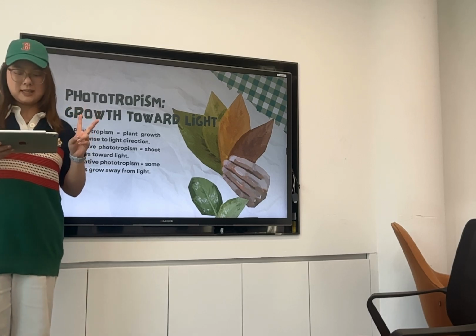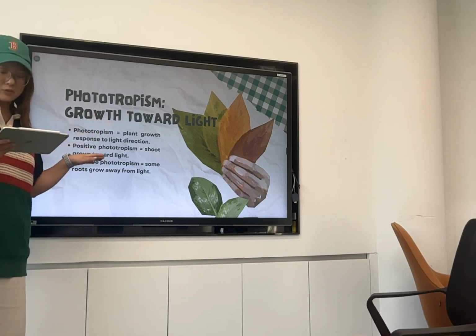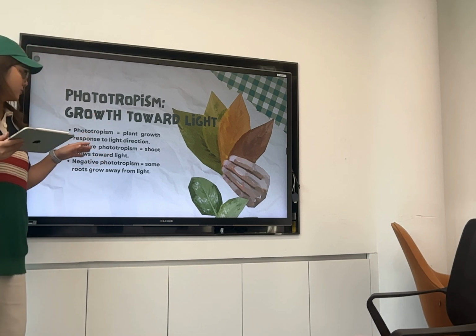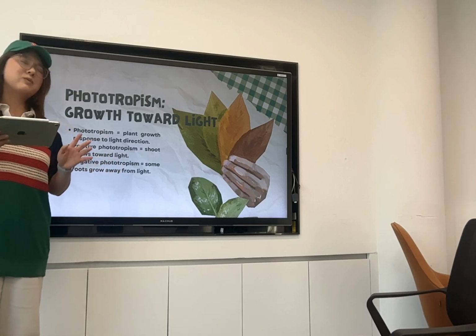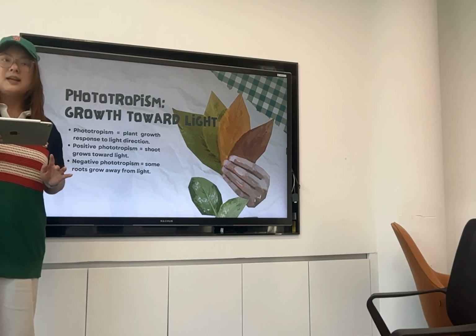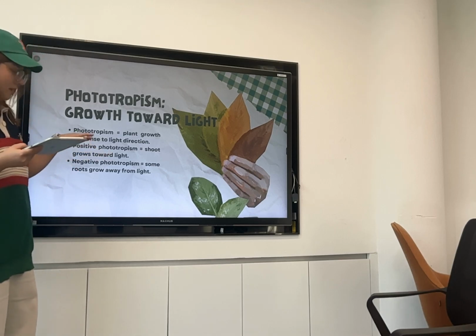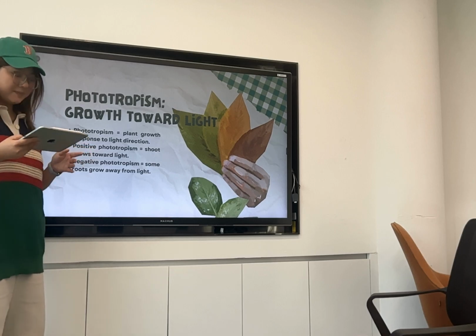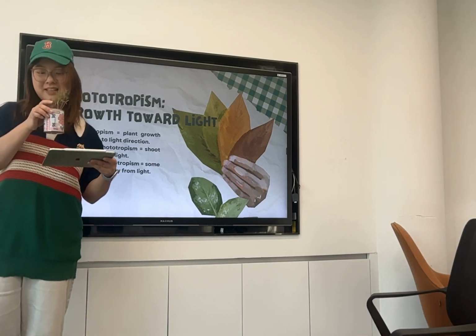There are two types we can mention. One is positive phototropism, which means the shoot grows towards light, and negative phototropism means the roots may grow away from the light. In the video, we mainly focus on the shoot, which is positive phototropism, because this is what my actor exactly shows.